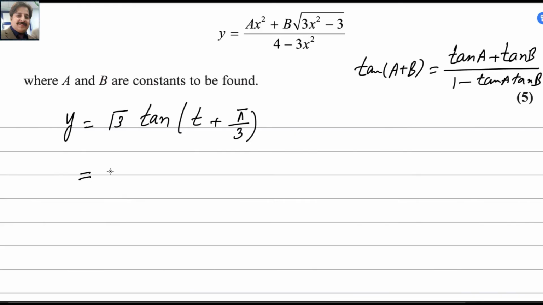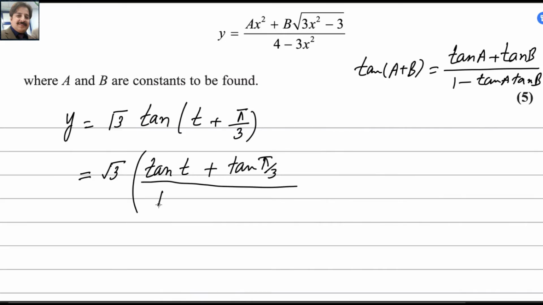So it will be equal to square root of 3 times tan t plus tan pi by 3, divided by 1 minus tan t tan pi by 3.